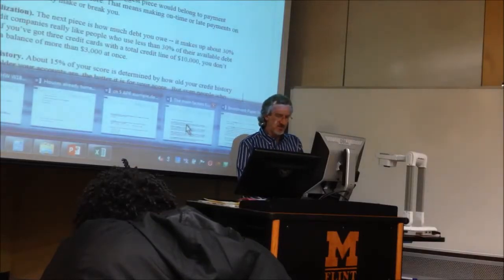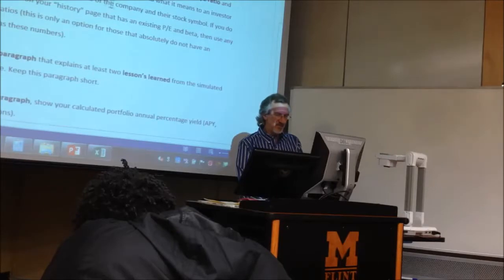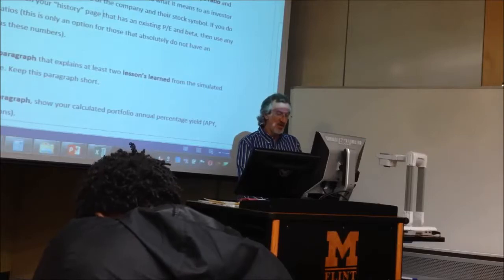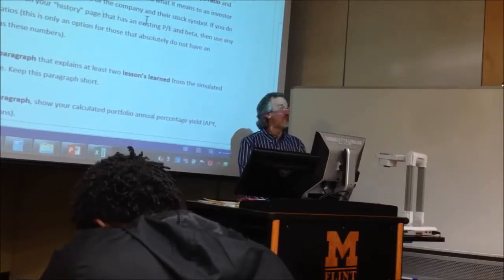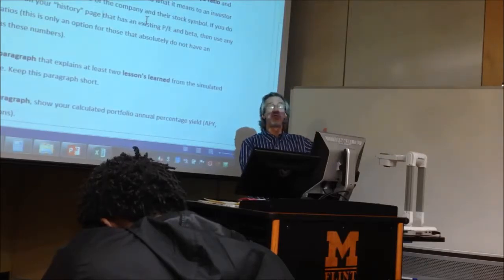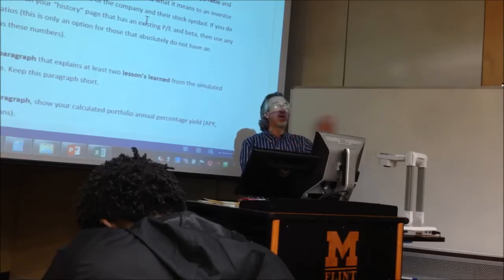Where's the rest? So that paragraph says, pick one stock, one investment that has a PE ratio and beta, and talk about the numbers as if what it means to an investor who might be thinking about buying that stock. And that's all that is. And if every company in your history does not have both a PE ratio or a beta for some reason, that's the only circumstance in which you're allowed to pick any company.